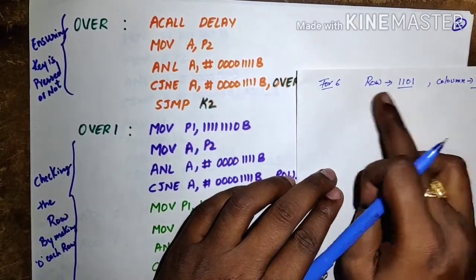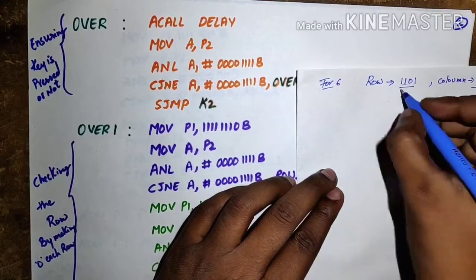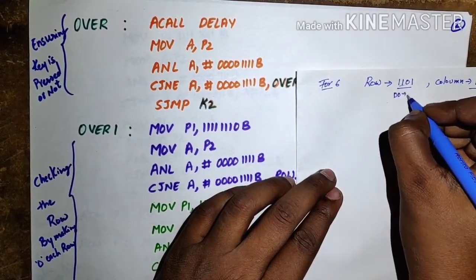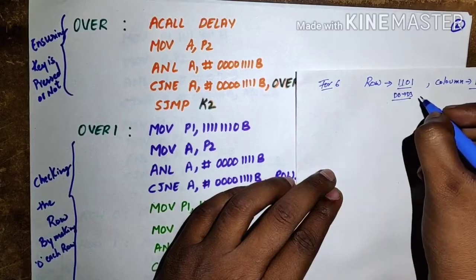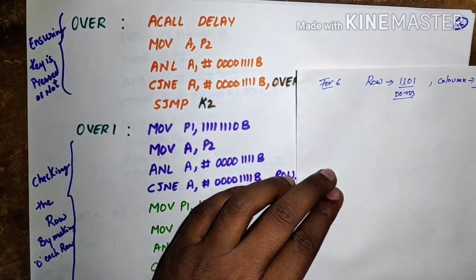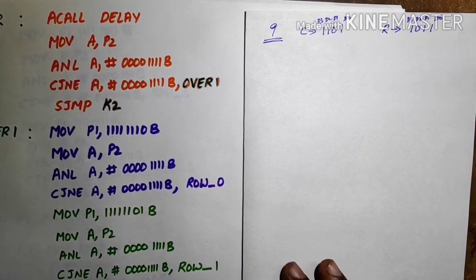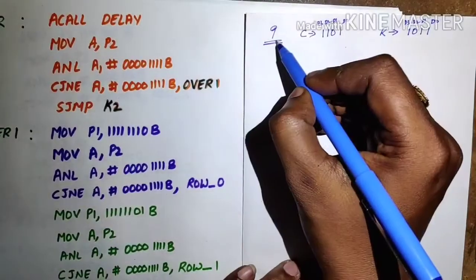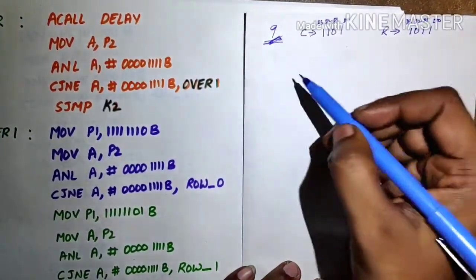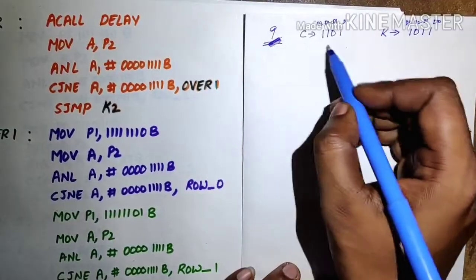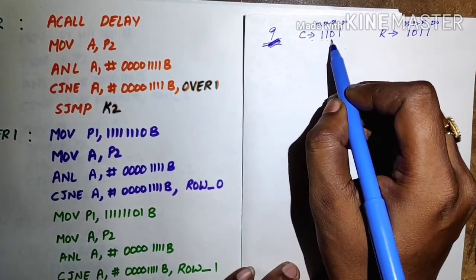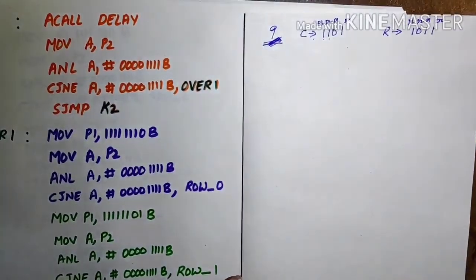Here we have taken the example of the alphabet 6, so the row will be 1101, that means D0 to D3 here. Now we have to find the value of the rows. Here we are taking the example that the key pressed is 9. So the column values will be 1 1 0 1, D0, D1, D2, D3.